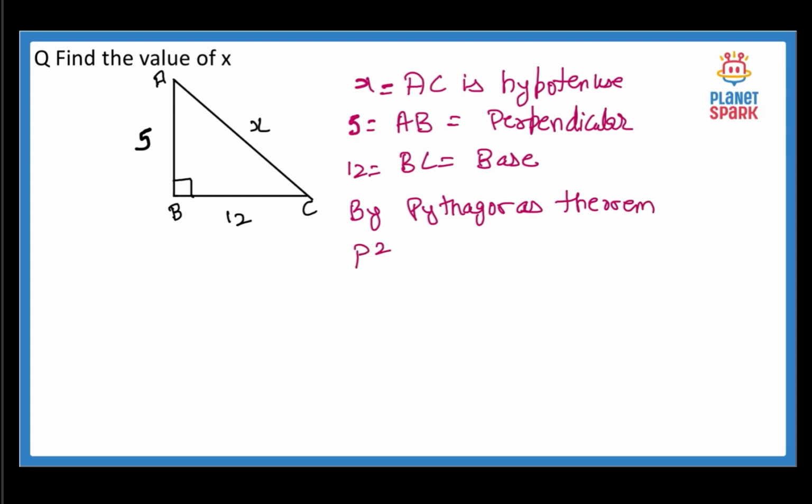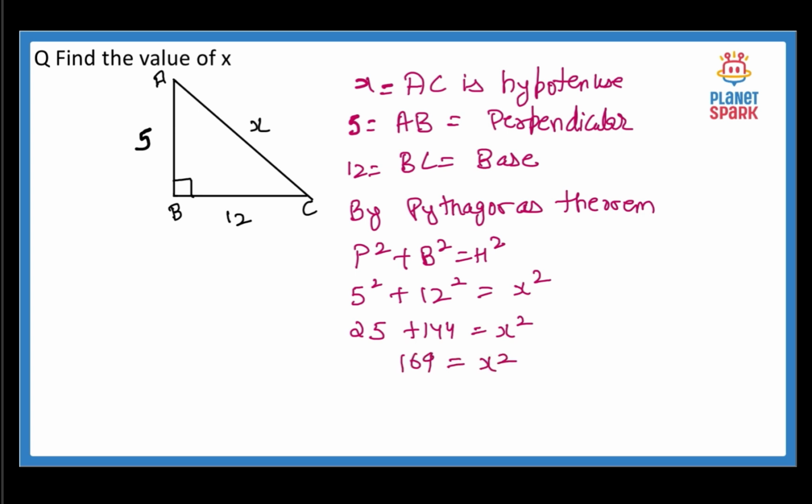AB is 5, so we put 5 square plus 12 square, 12 is my base, so base is 12 square, is going to be equal to hypotenuse square. Hypotenuse is x, so x square. 5 square is 25, 12 square is 144, is equal to x square. 169 is equal to x square and square root of 169 is 13. So x over here is 13, hypotenuse is 13 in this case.